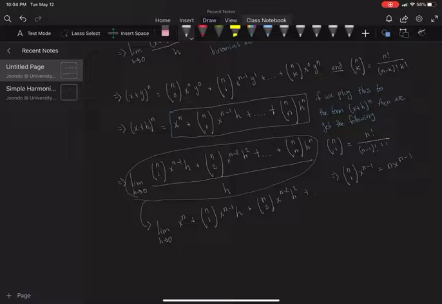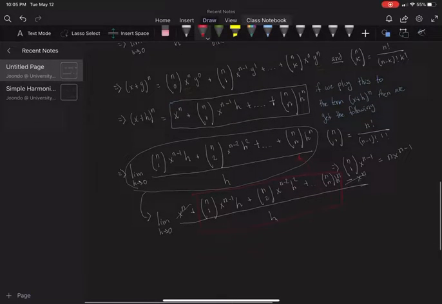and if you subtract x^n, all over h, you'll see that these two cancel out and we're left with whatever was here. And this is the same thing as this, right?